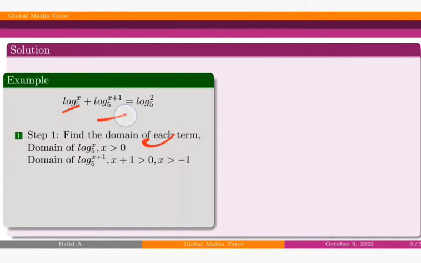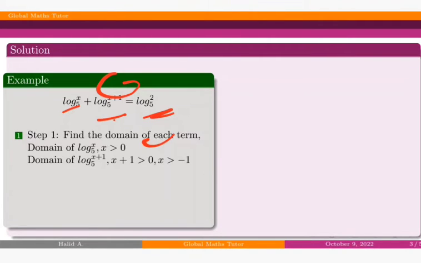For the second, x plus 1 should be greater than 0. That means x must be greater than negative 1. The right hand side is valid because the logarithm of 2 to the base 5 has its own value, so it can be any real number.